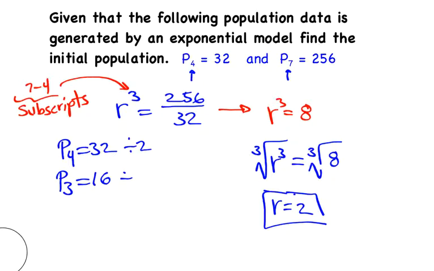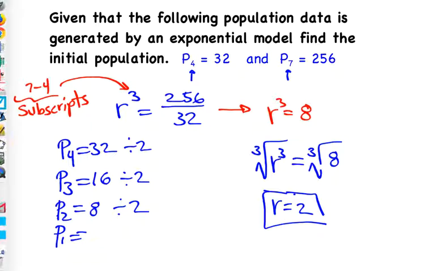And if I divide by 2, I'll get the 2nd generation, which is now 8. If I divide by 2, I'll get the 1st generation, which is 4. And divide by 2 one more time, and we get the initial population P0, which is 2, and that's the answer we're looking for.